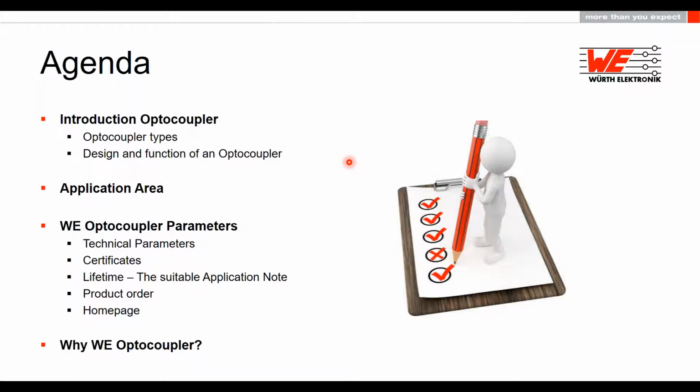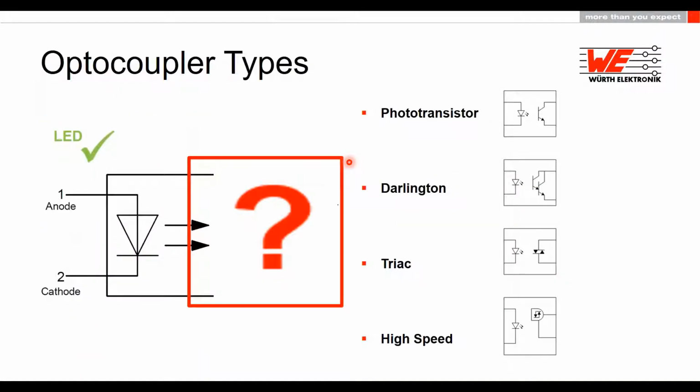But let's start with the optocoupler types which are on the market. On this slide, only a small part is visible. We have a lot more types on the market, but here 4 types are visible, which are most common. So how is an optocoupler constructed and what are the differences between these types?